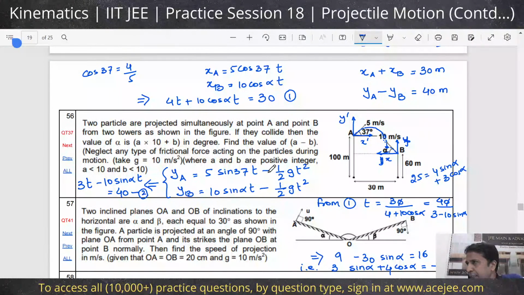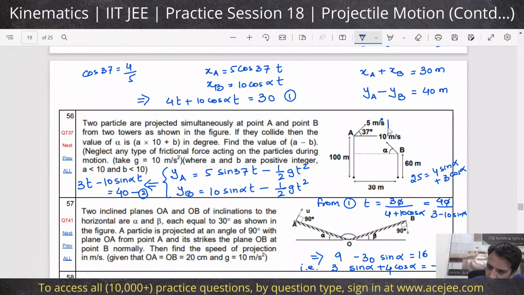I don't think there is an issue. Okay, now let's look at the vertical displacements. To make it easier, let's say the two collide somewhere high here. In this case, this is YA and this is YB.